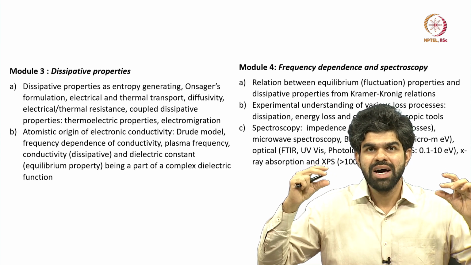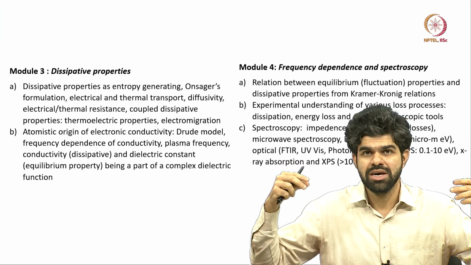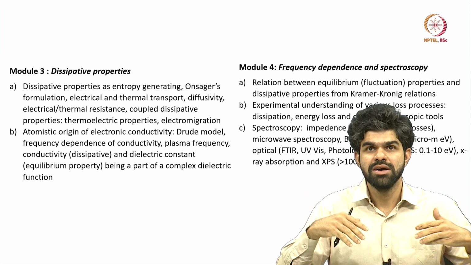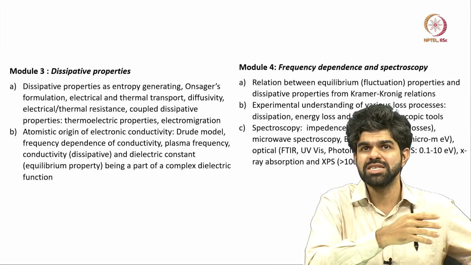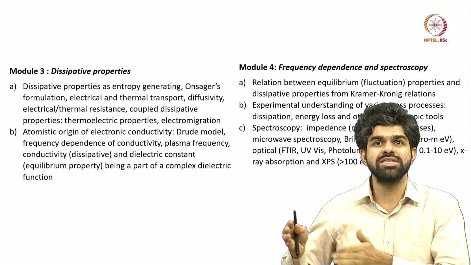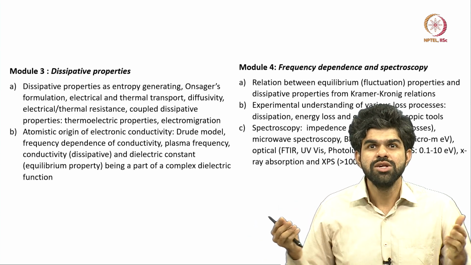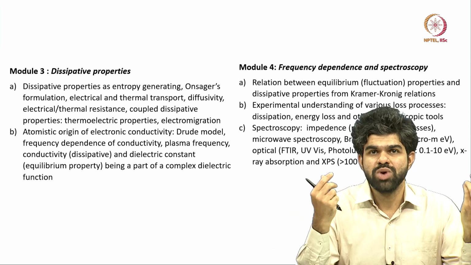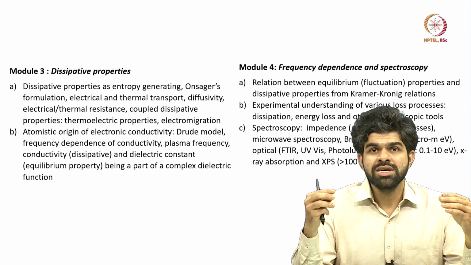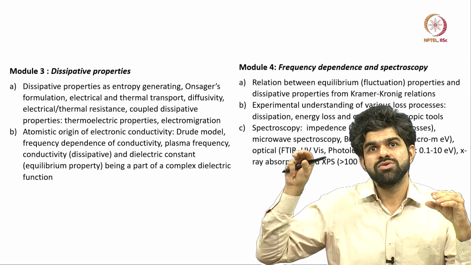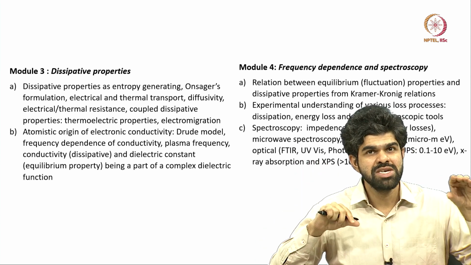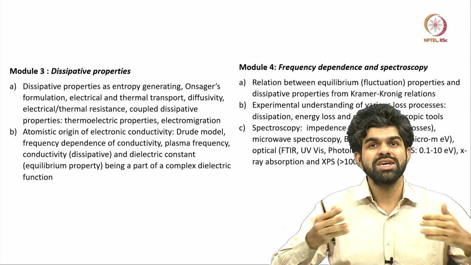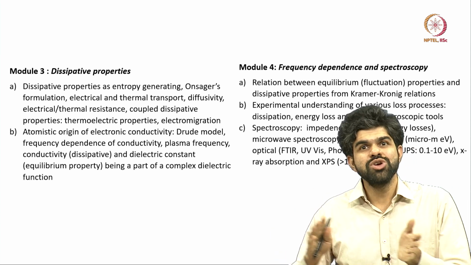Now, both of them are electrical properties. Capacitive materials or capacitors store the electrical energy, resistors dissipate the electrical energy. So they seem to have some sort of relation. It turns out that the resistance or conductivity of a material is a dissipative property, and capacitance is a conservative property, and both are related in some sense, and that is going to be the fourth module.